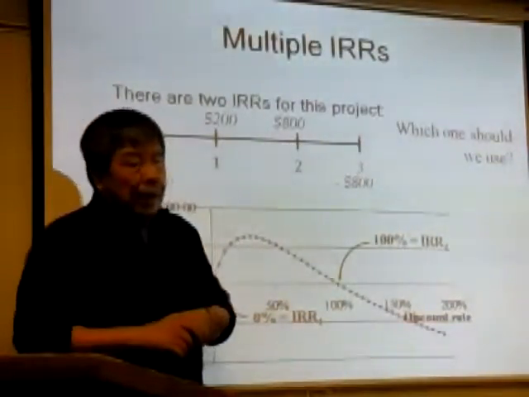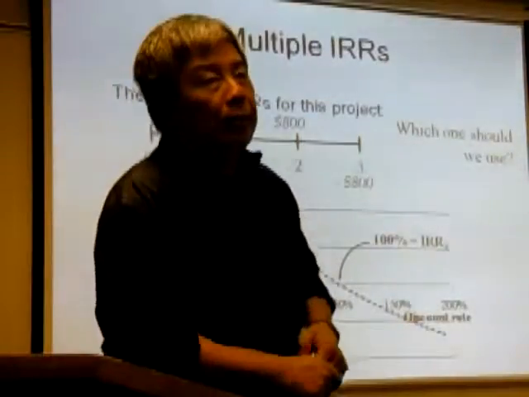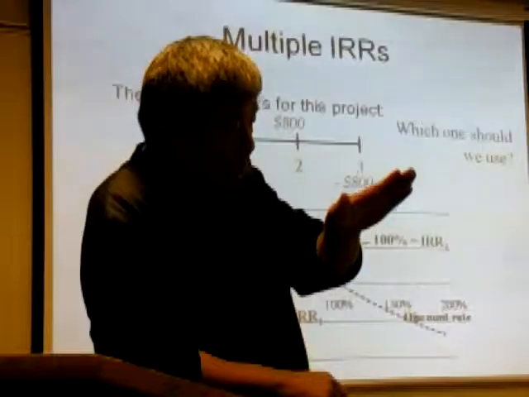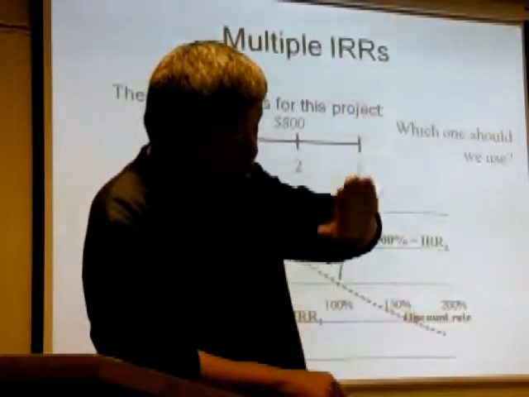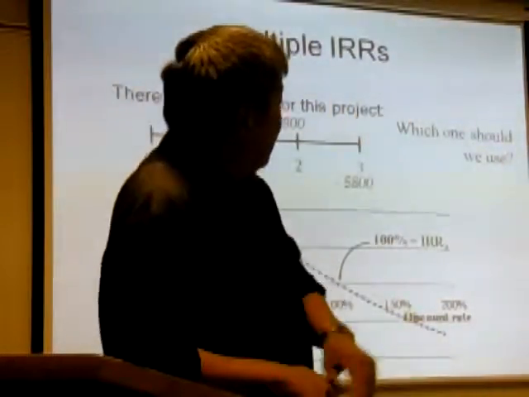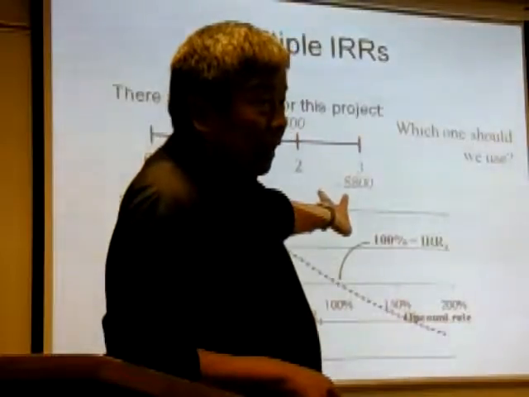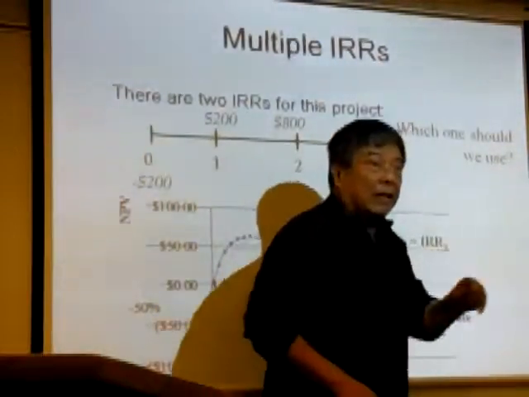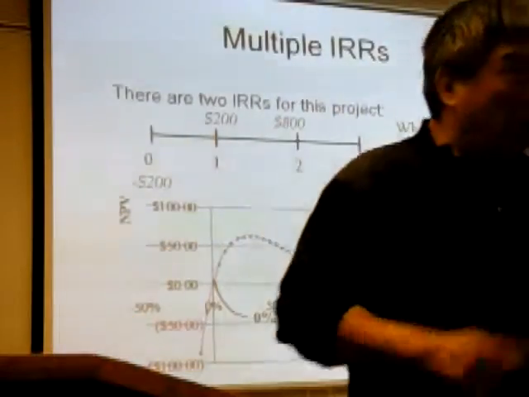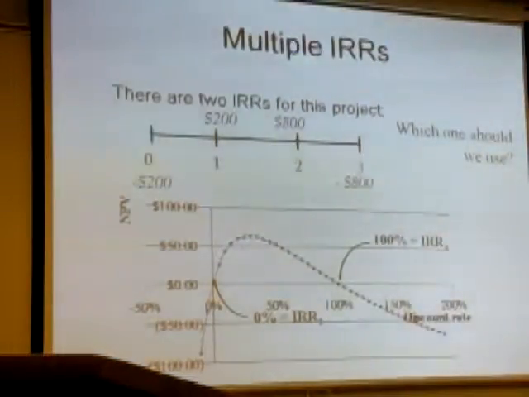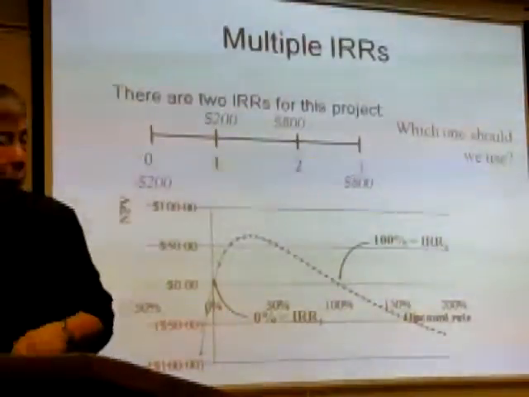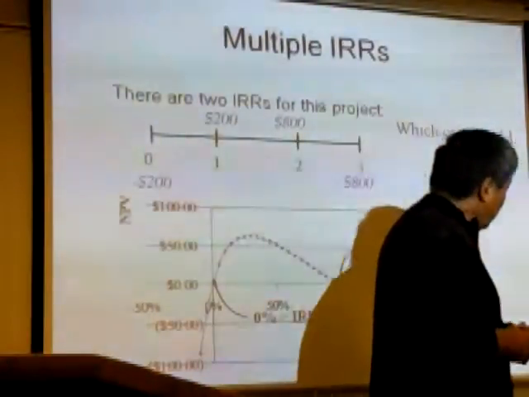Now this is a mathematical relationship. It's a mathematical problem. You have multiple solutions. Now this is for quadratic. If we have 3 sign changes, then you might have 3 solutions. You don't know which one it is. So multiple IRR is a problem. How do I know it's multiple?